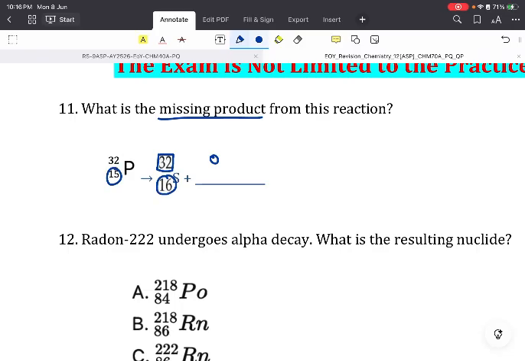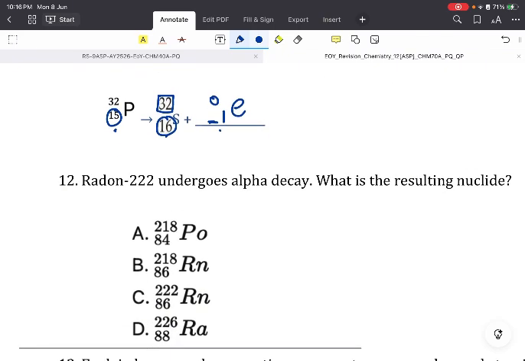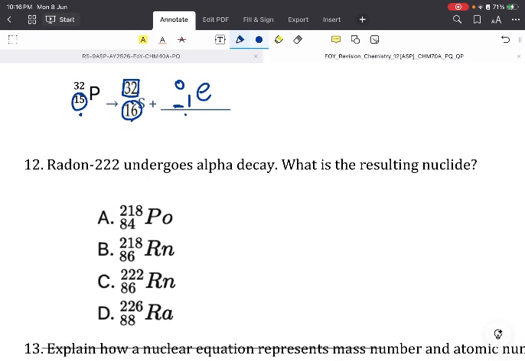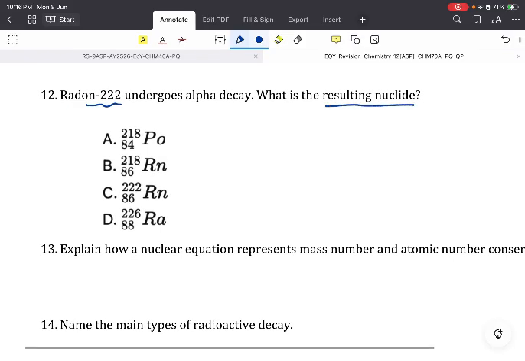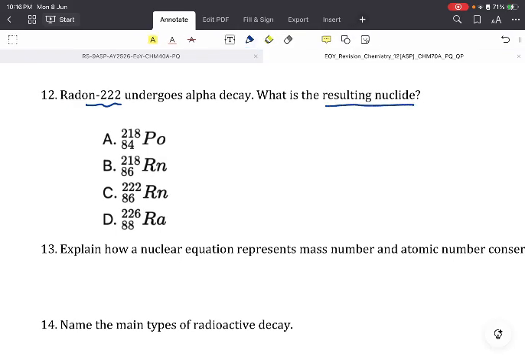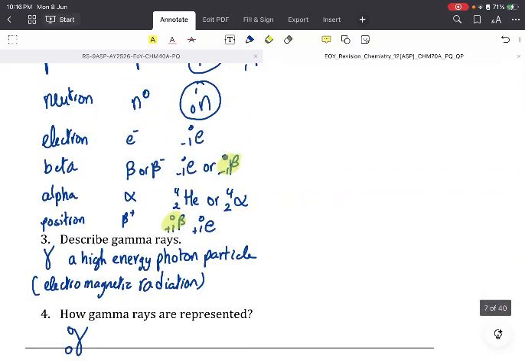Now in order to keep it 15, I'm gonna put -1 because 16 minus 1 is 15, and that is electron, or you can say beta decay, electron emission or beta decay. Radon 222 undergoes alpha decay, what's the resulting nuclide? So radon, let's go to the periodic table.